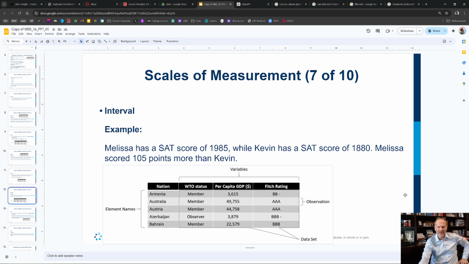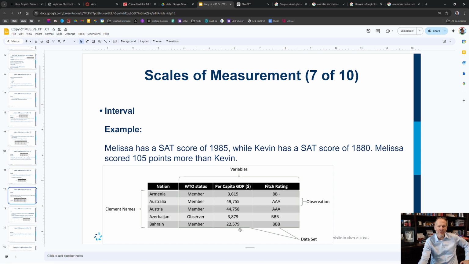But I would say that GDP here is an interval because it has a 0, but maybe it could be negative. Like if a country didn't produce anything and they just consumed, maybe GDP would be negative, right? They consumed more than they made. And so maybe GDP could be negative. And so that would make it interval because there's no set 0 point.